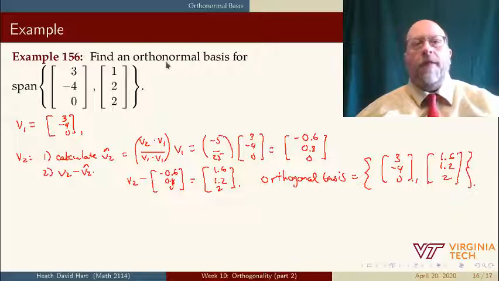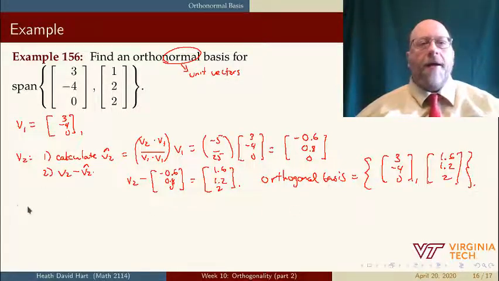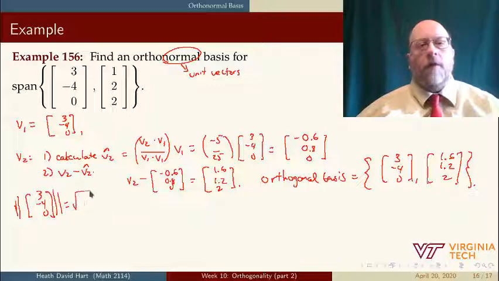But the problem is asking for an orthonormal basis. Normal means unit vectors. And so we need to calculate some magnitudes here. The magnitude of the first vector, 3, negative 4, 0, is the square root of 25, which is 5.